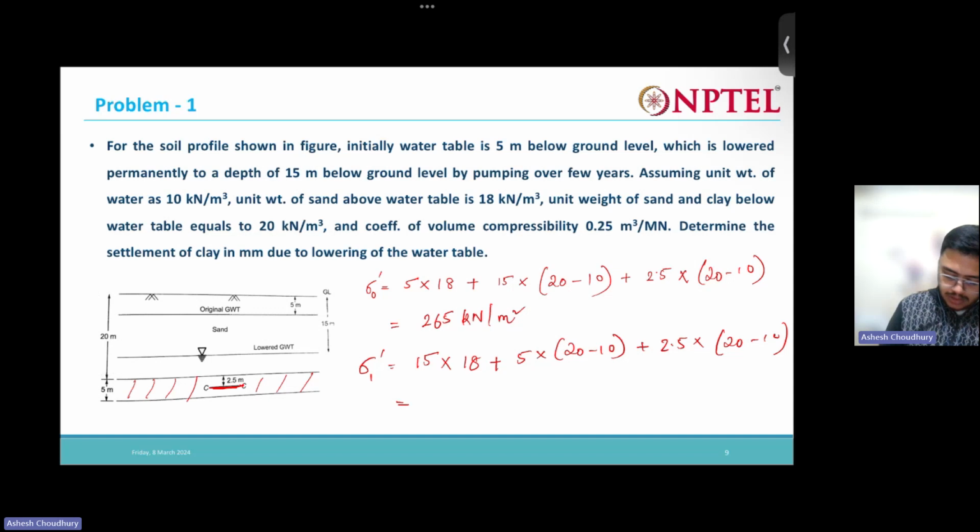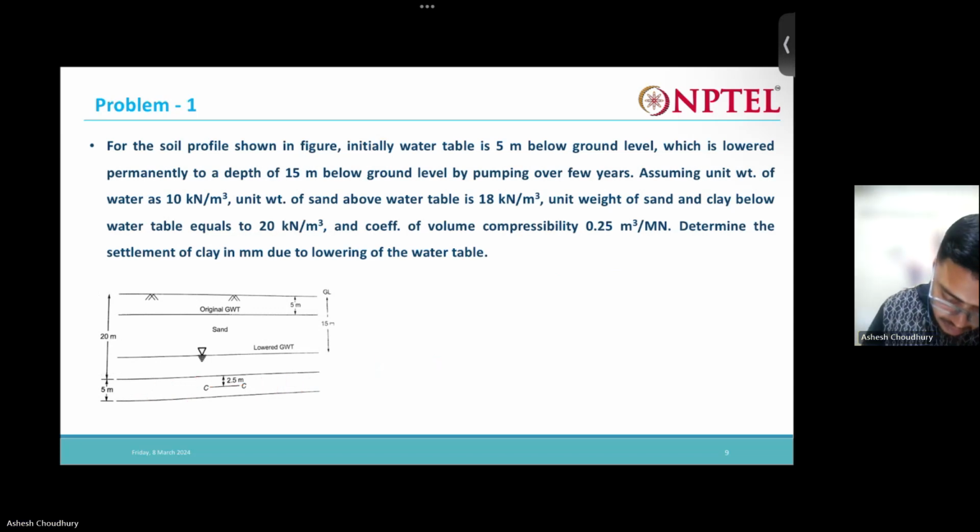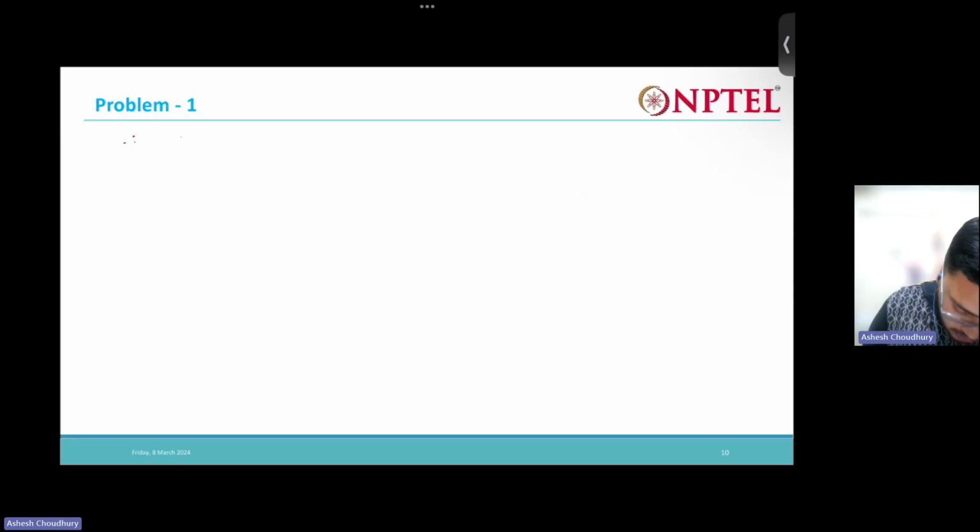So this will be, due to the lowering of the water table, the effective stress gets increased from 265 to 345 kilonewton per meter square. Therefore, it is the increase in effective stress. It's 345 minus 265.